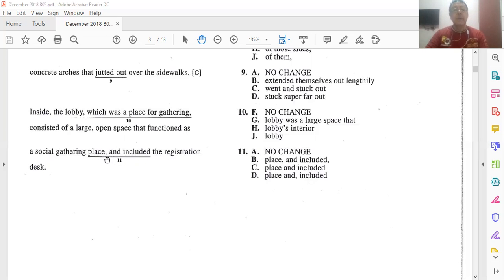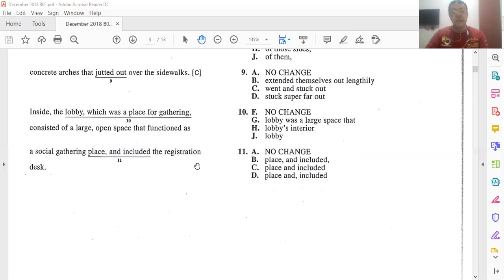If we use a comma and one of the FANBOYS, then we should use a complete sentence or an independent clause after "and". So "included the registration desk" is not a complete independent clause, so no change is wrong. So we should just opt for C, which says "place and included".